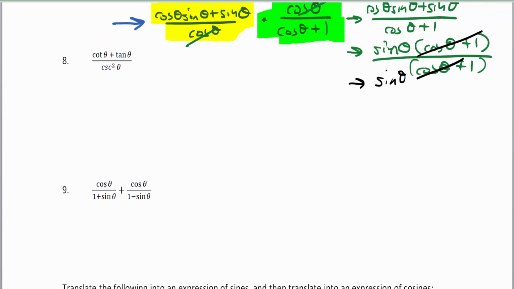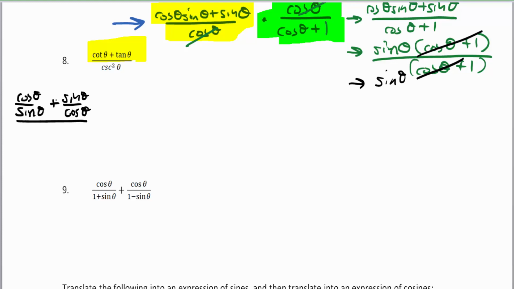Problem number 8, and this is going to be one where we're going to want to turn this into sine and cosine. So let's take my numerator here, the cotangent, this yellow numerator right there. I'm going to turn this into cotangent, which is going to be cosine theta over sine of theta, plus the tangent, which is going to be sine of theta over cosine of theta.